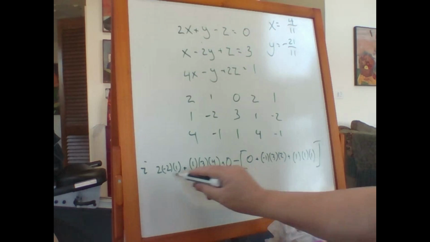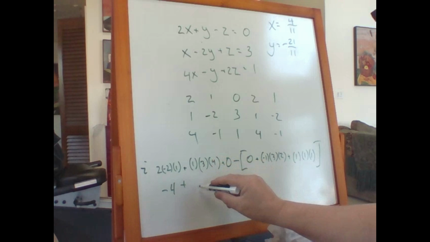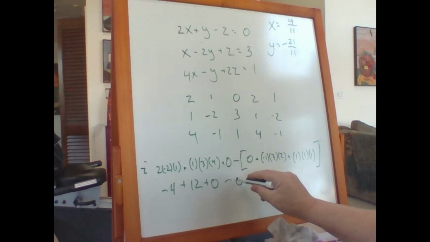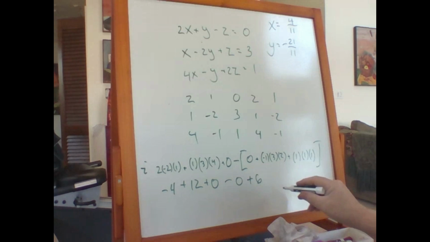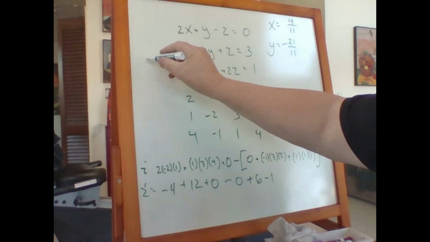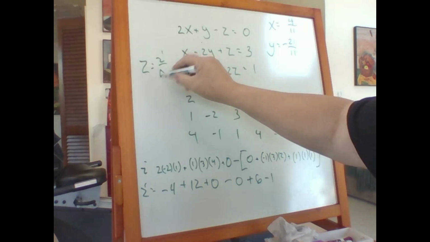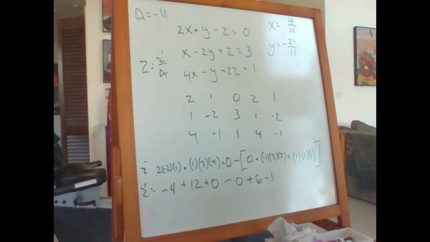Okay, so here we got minus 4 plus 12, plus 0 minus 0, minus minus is plus 6, minus 1. Z prime equals... All right. And z equals z prime over the determinant, and our determinant is minus 11.